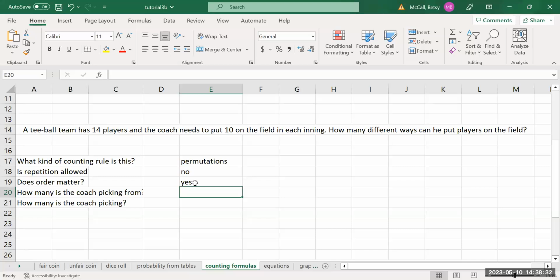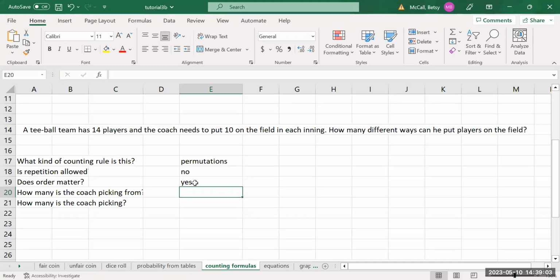Maybe player A doesn't have really great reflexes and you really don't want him standing right in front of the T-ball. But on the other hand, that is different. And so the differentness is what matters. The order that you specifically choose people for which position doesn't matter, but the fact that you're putting them in specific positions does matter in this context.